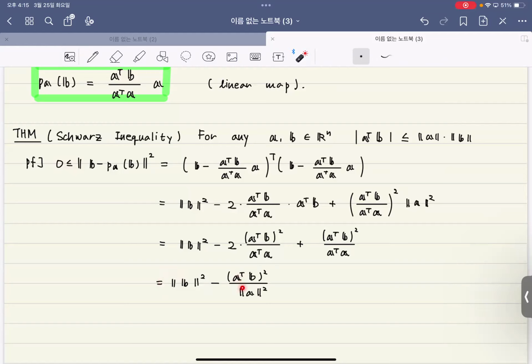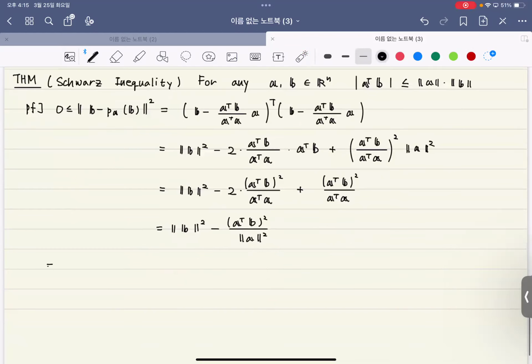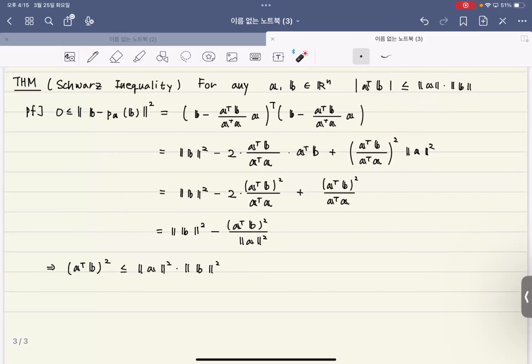So if you solve this for A transpose B, then (A transpose B) squared is less than or equal to the norm of A squared times the norm of B squared. So the proof is done.